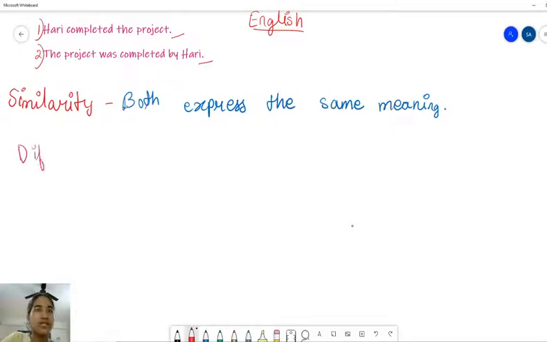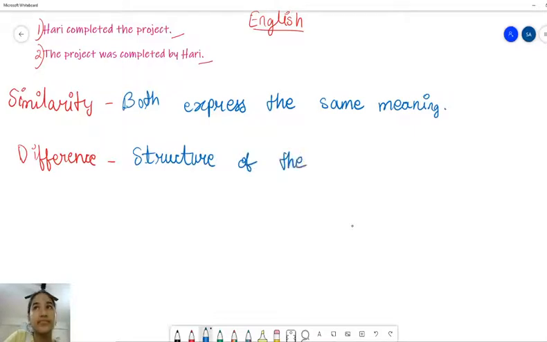Okay, same meaning. Now what's the difference? Basically you will find the difference in the structure of the sentence. We're talking about the major similarity and differences, okay? So you'll find the difference in the structure of the sentence. Let's see how.